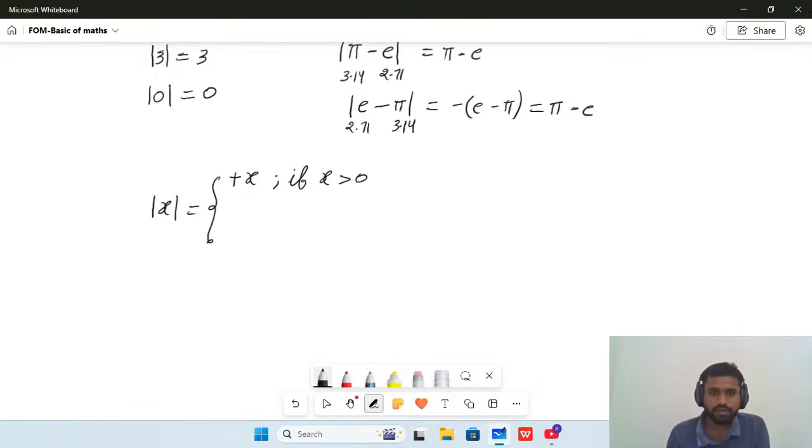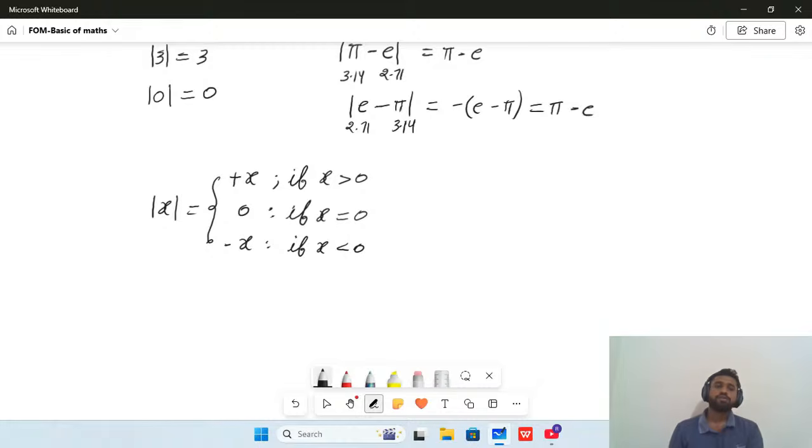If x is greater than 0, mod x will open with plus x. And mod x value will be equal to 0 if x is equal to 0. And modulus of x will be equal to minus x if x is less than 0.